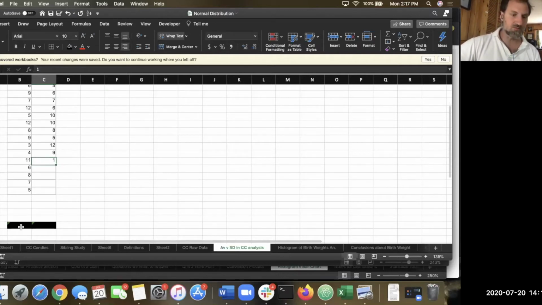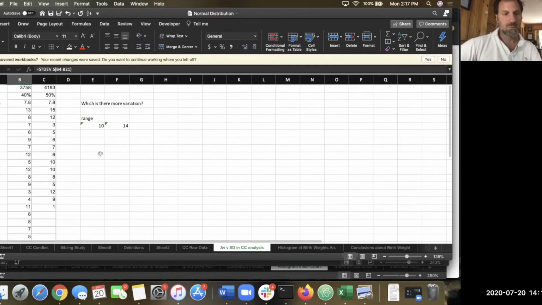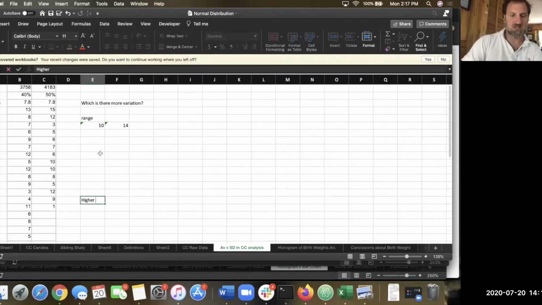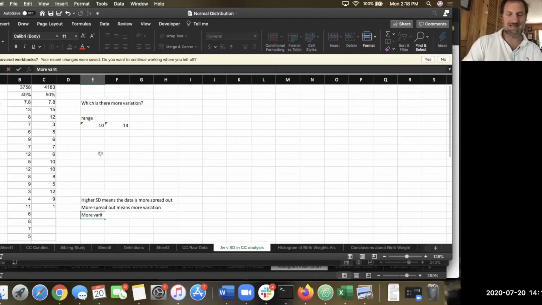Now the standard deviation basically gives us the same feedback. If we look at the standard deviation calculations, this one has a 3.8 versus this one, which has a 2.8. Bigger numbers, more variation. Higher standard deviation means the data is more spread out. More spread out means more variation. More variation means less consistent.